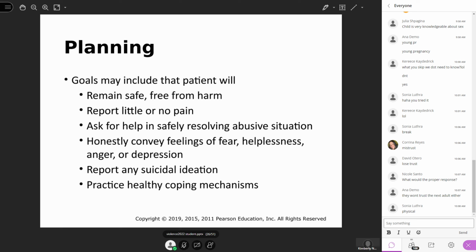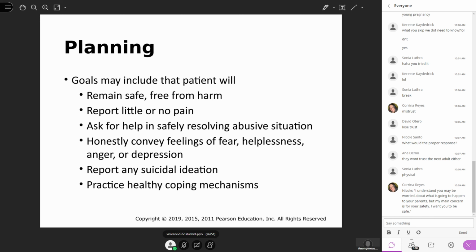We want to make sure that this patient has a way to remain safe and free from any further injury. We want to make sure that they're not hurting anymore, that their pain is manageable. Once they are stable, we want to try to resolve the situation. How can we help them? What kind of plan can we put in place?